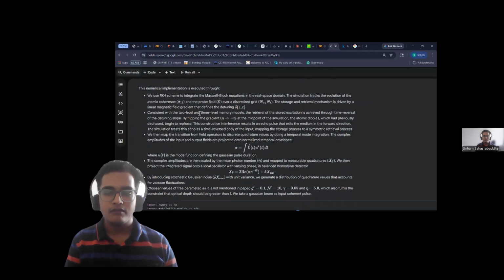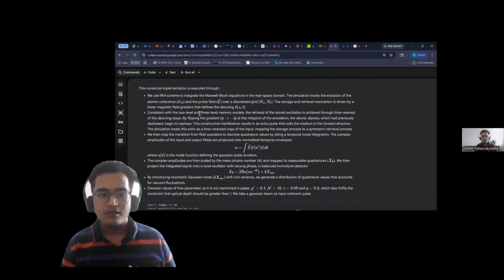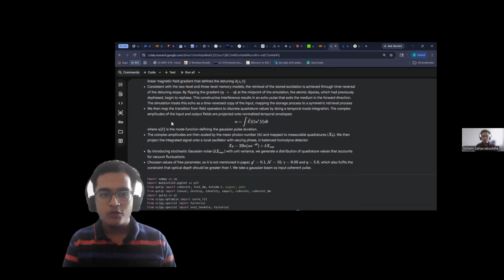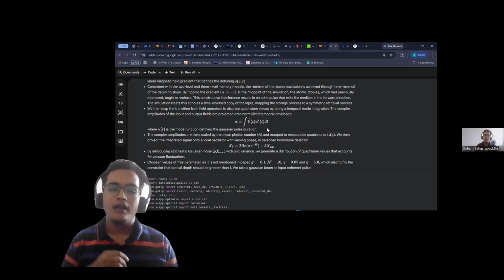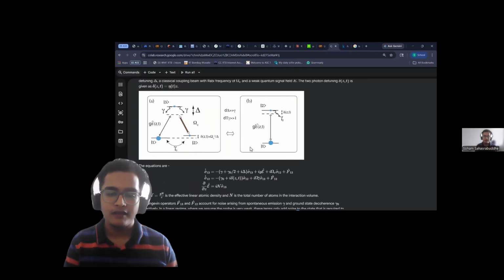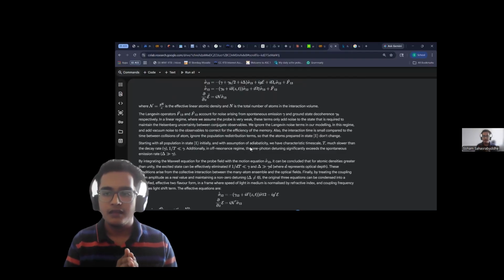Now, further to develop the quadrature values, what we do is that we map the field, the E, using a temporal mode integration. The input and output fields are projected into envelopes using a base function, which is a mode function, which is essentially a Gaussian pulse. And what happens in this process is that during evolution, as the pulse crosses half of the time, we switch the gradient field using the magnetic field to recreate the memory.